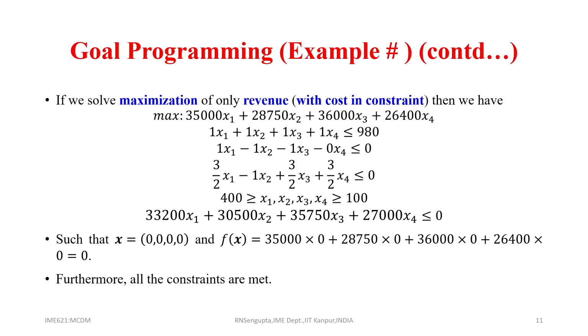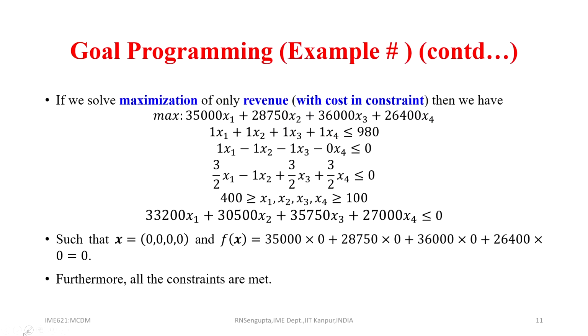If we solve the maximization of only revenues with the cost as a constraint, now this is the point, if you remember, we had considered that for goal programming or the concept of multi objective problem, the idea was this. I will write it here and then solve the problem accordingly.